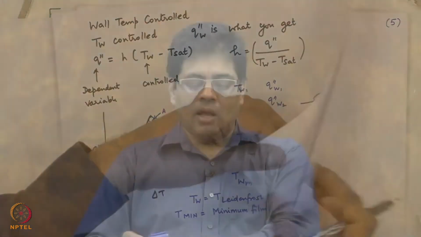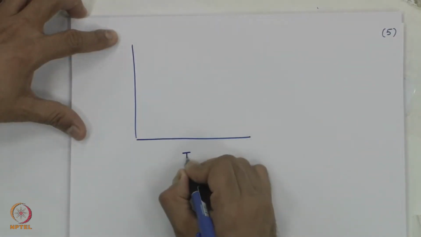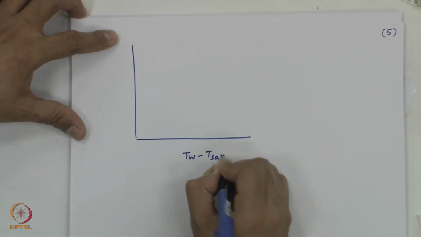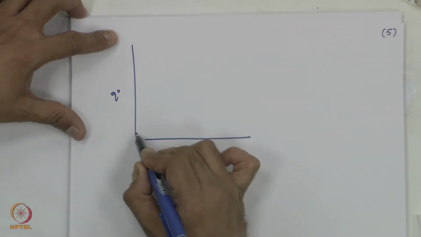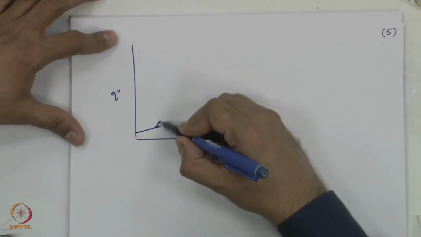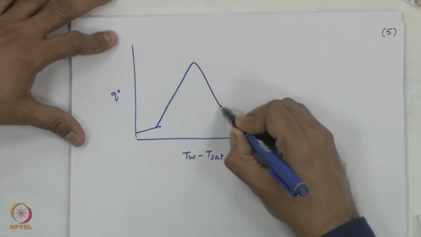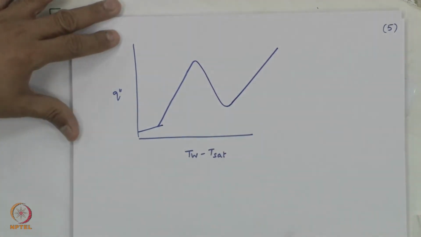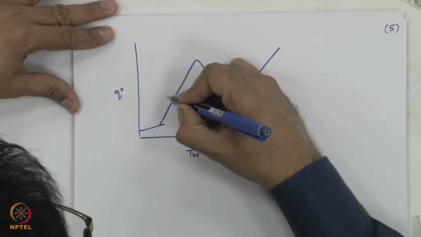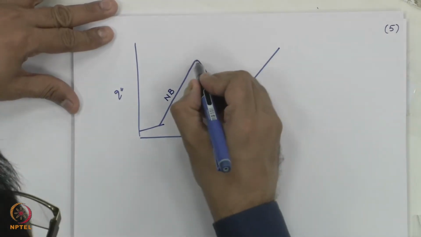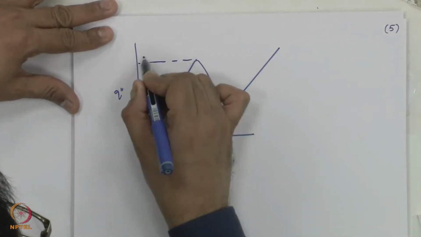So, if I combine these two boiling curves and show one boiling curve, what you see in the textbook is the following. You have wall heat flux, Q double prime, here, T wall minus T sat here: single phase natural convection, partial nucleate boiling, saturated nucleate boiling, and this is what most books will show you. So, this is the good heat transfer part, this is your so called CHF.